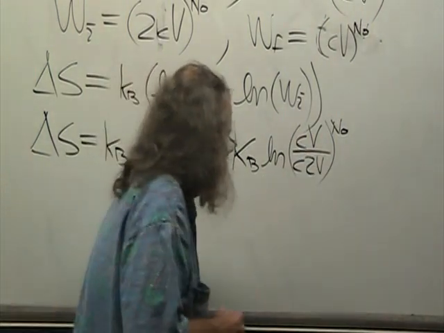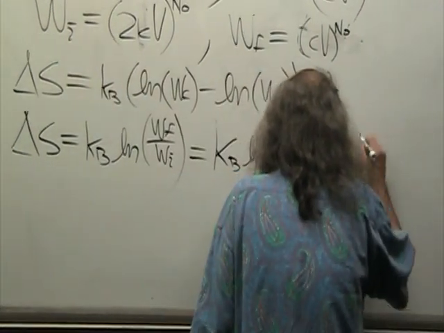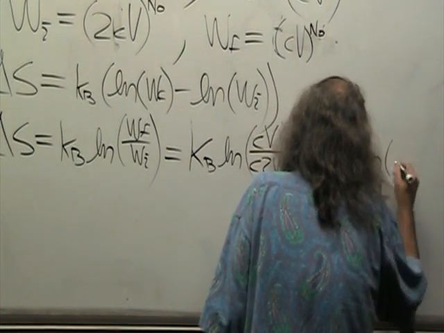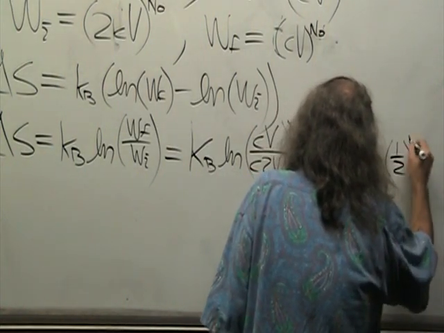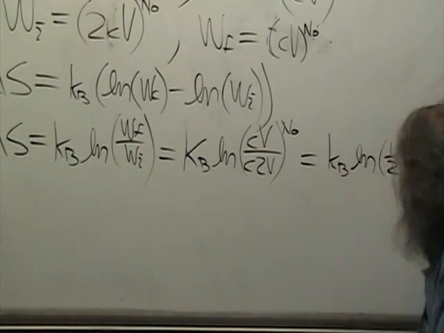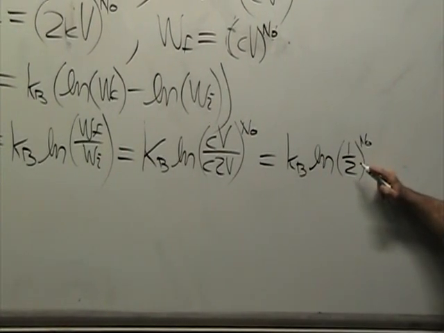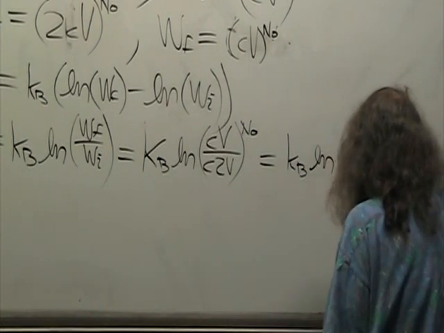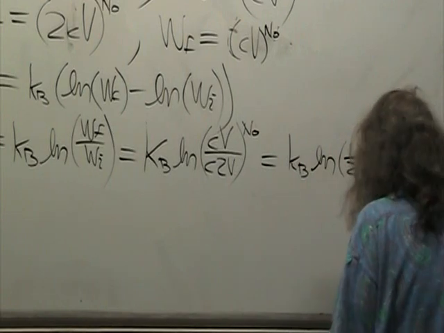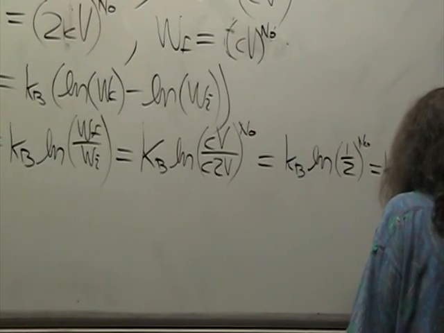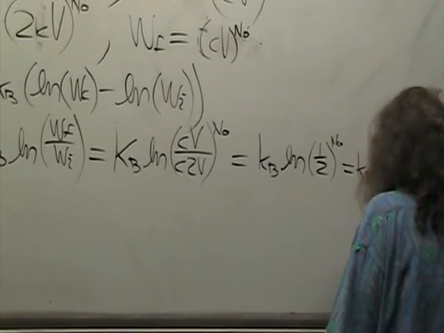And we're left with KB times the natural log of 1/2 to the N naught. Well, 1/2 is the same as the reciprocal of 2, right? Does everybody see that? Okay. Equals KB times the natural log of 2 to the minus N naught.